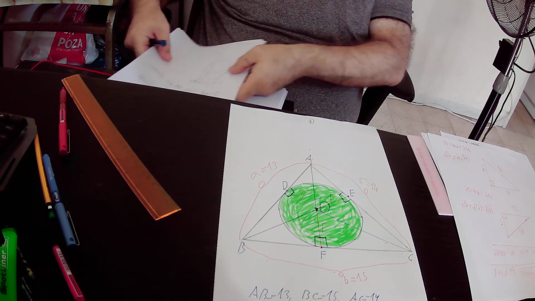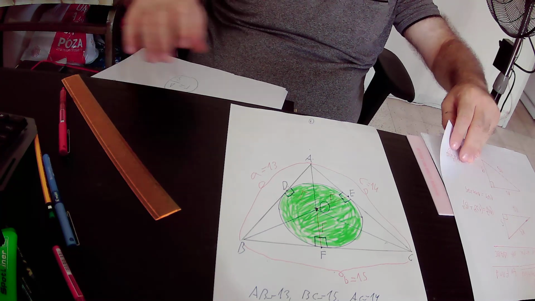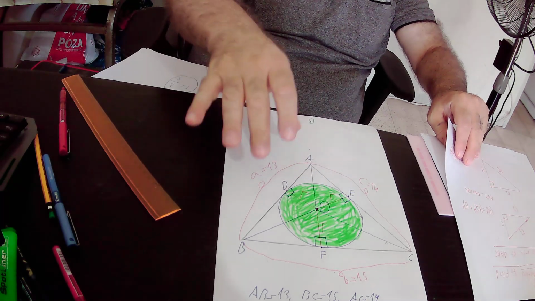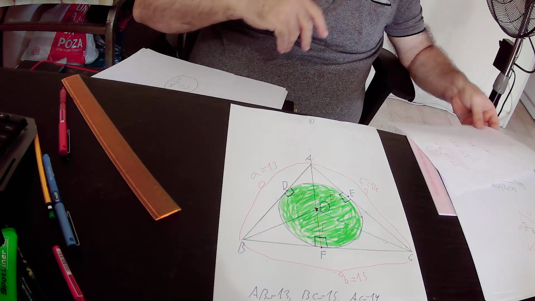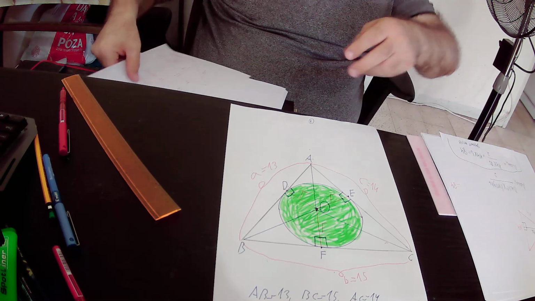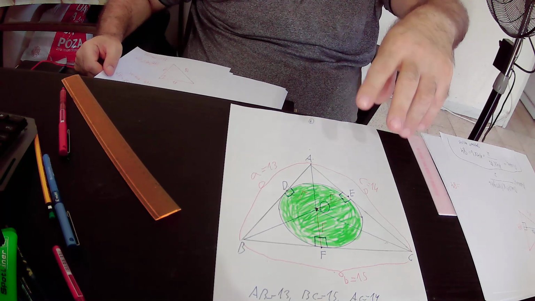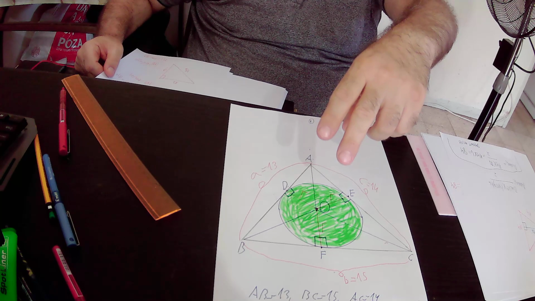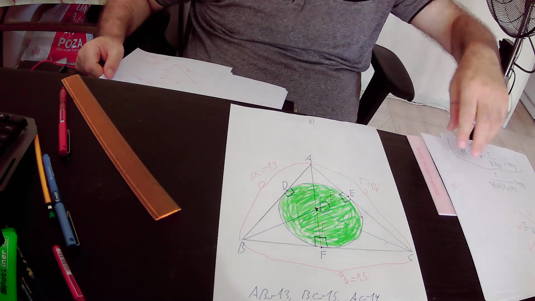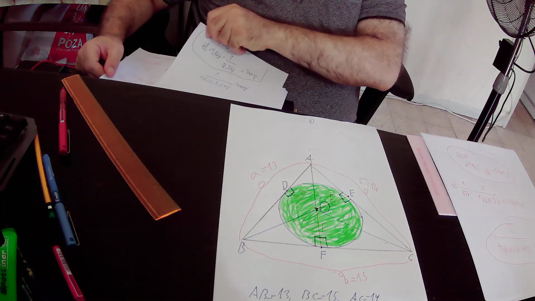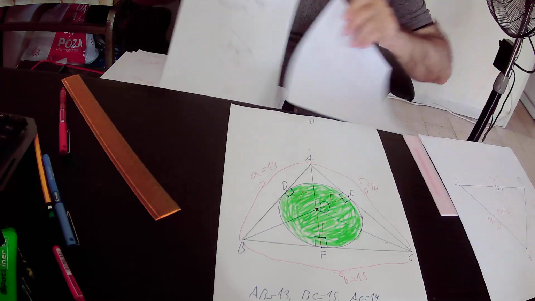We have triangle ABC, and inside triangle ABC we have the green circle that is inscribed in the triangle, and we have 3 launch points between the triangle and the circle, points E, D, and F, and we want to find the area of the green circle.